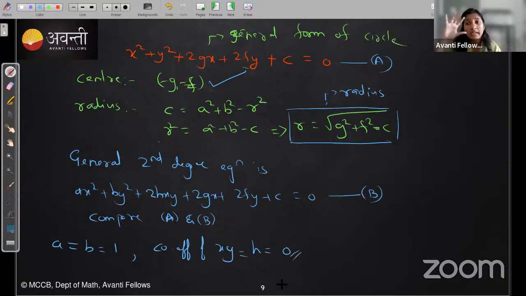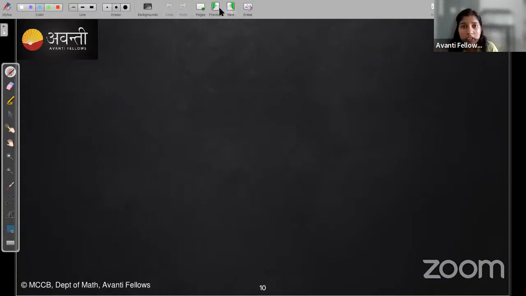So for the given general second degree equation to be a circle, these two conditions have to be satisfied. One is coefficient of x square and y square should be equal to 1. And the second is coefficient of xy must be equal to 0. I have put that into words here.